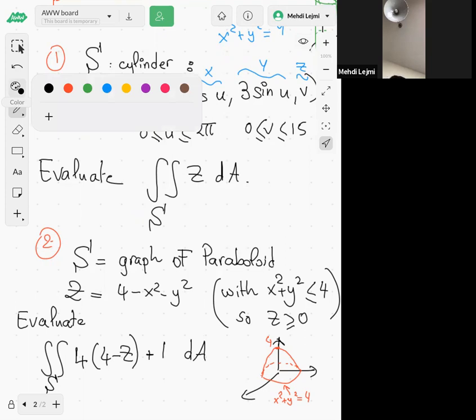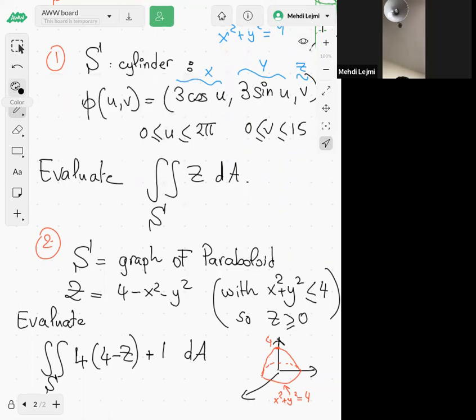I can write it like 17 minus 4z, but you will see this allows you to easily compute your integral.